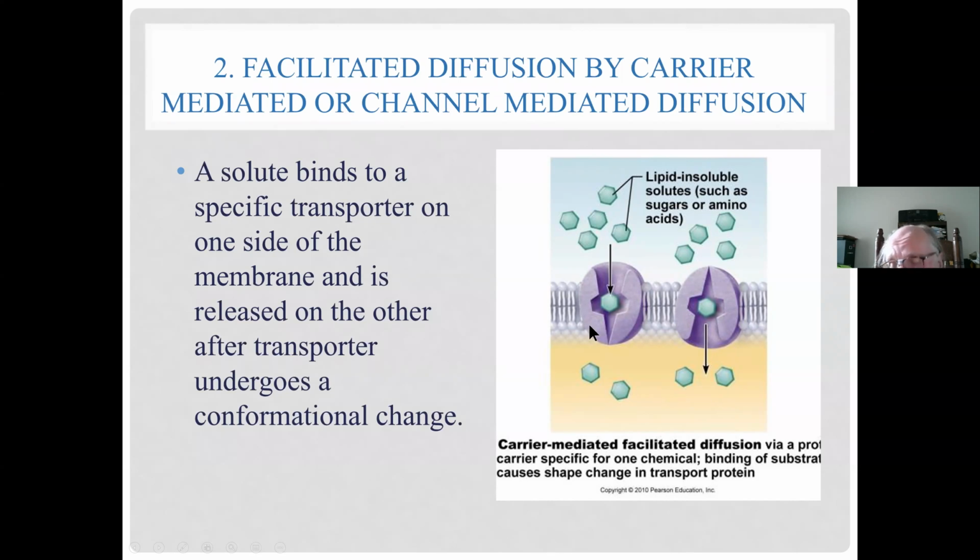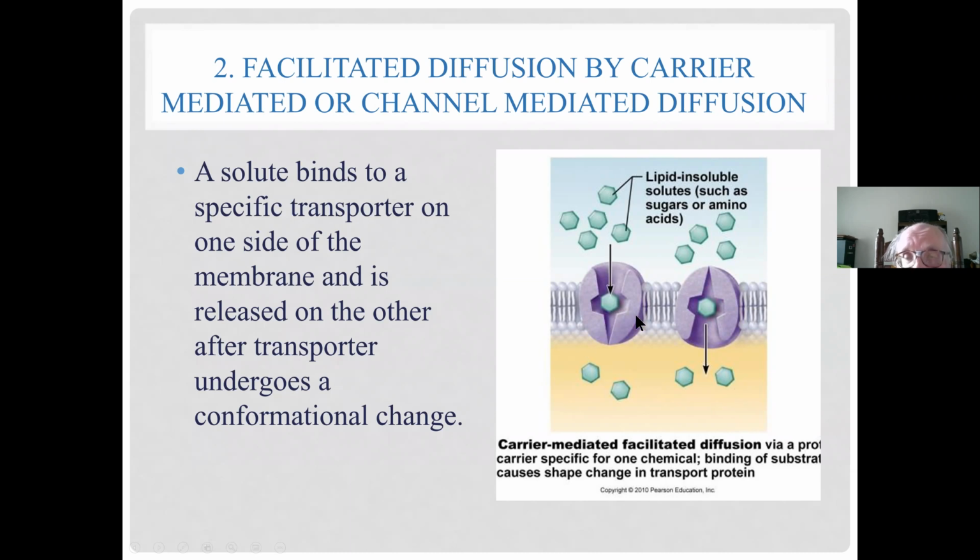Some of the sugars can be very small, monosaccharides. This thing opens up, something that's got an entrance and exit to it, based on some kind of stimulus, and this particle, the sugar molecule or amino acid molecule, comes in here.